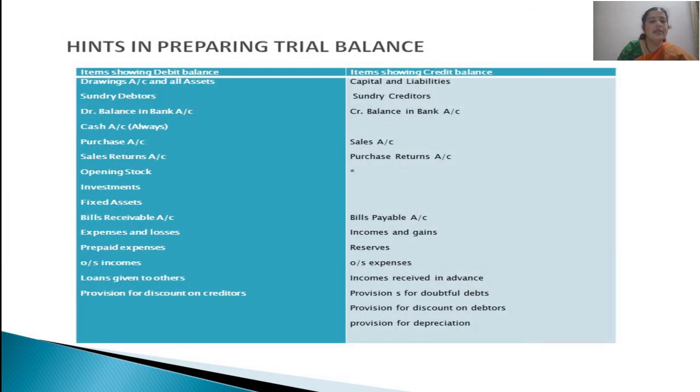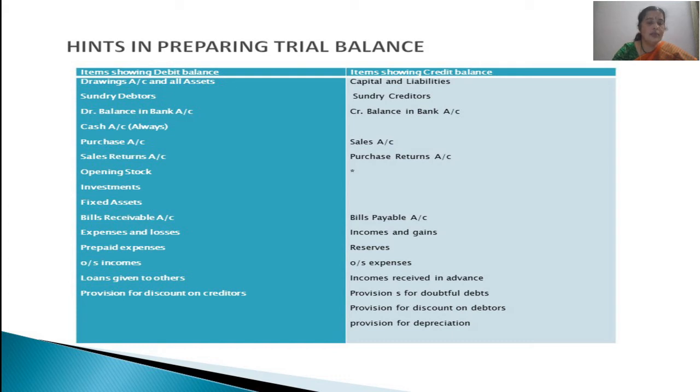And here are hints in preparing a trial balance. I have made a simple format, and don't think that it is a very conclusive format. It is just some kind of help which can help you to ascertain what kind of accounts will be showing which kind of balances.